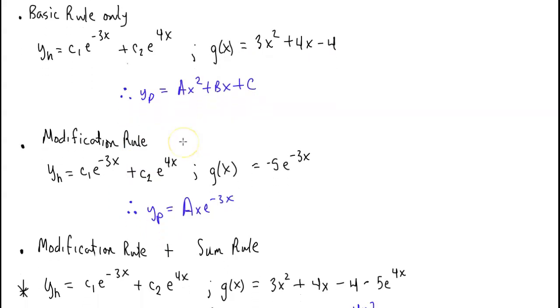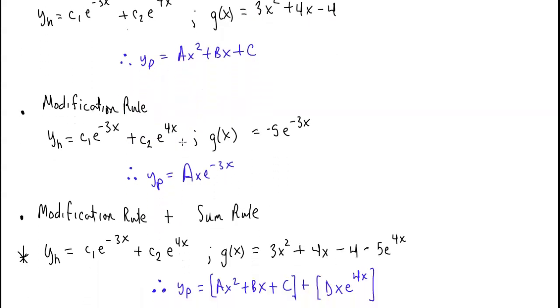Now, if we look at an example of what the modification rule looks like, again, we assume the same homogeneous solution, but now notice that our g of x function is now -5 times e raised to the -3x. And of course, this term is in common with the first term in our homogeneous solution.